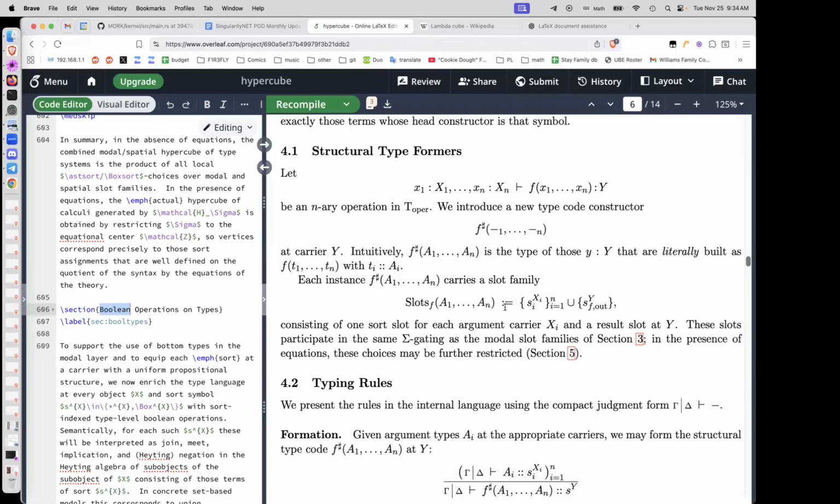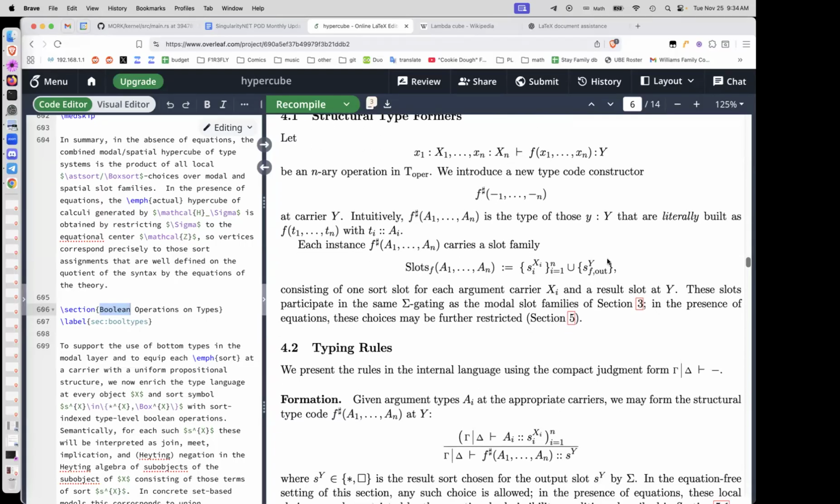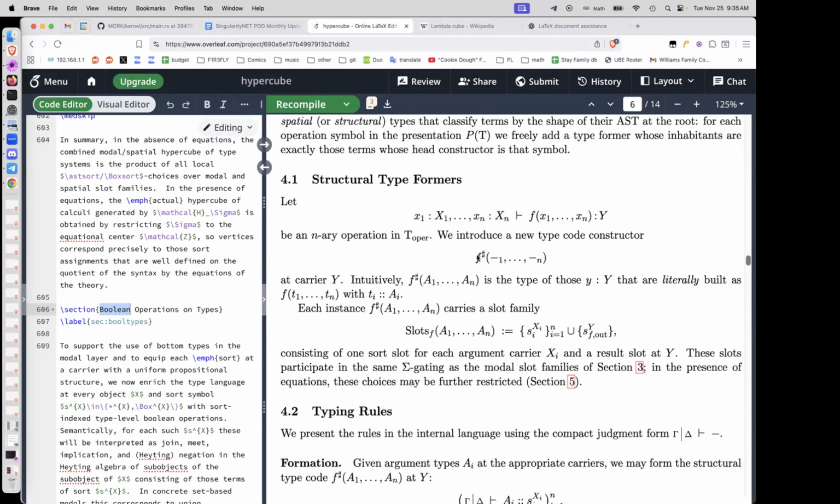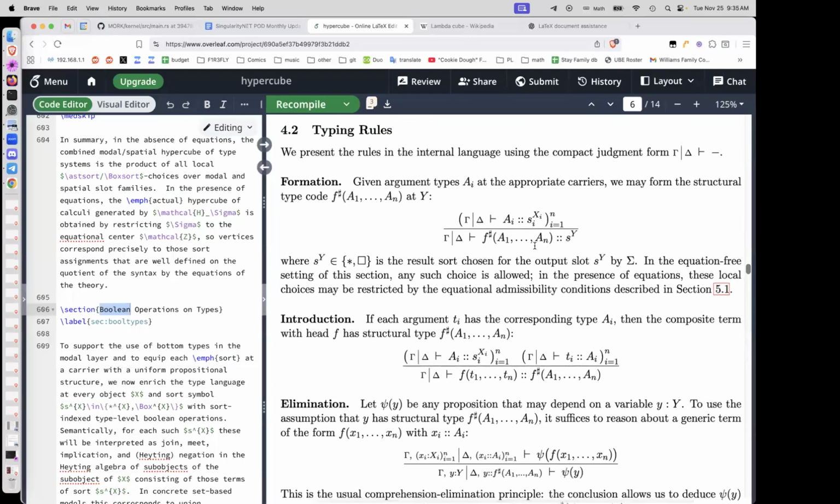That will give us a hypercube. Now we have to mod out, or not mod out, but we have to find the equational center to actually know what the restrictions on those slots are. But that's the basic idea: we introduce something that says this is what the shape of the term is.